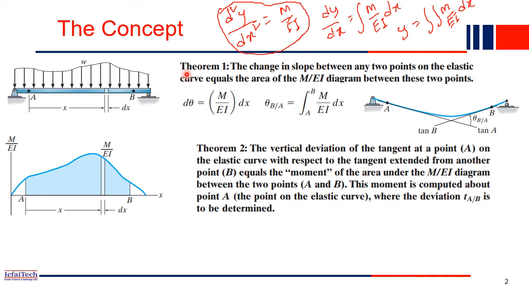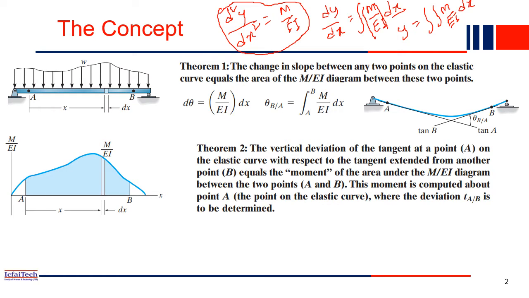From this equation we can compute the slope. dy by dx is nothing but theta, that is the slope. So we can write it as the integral of M by EI into dx. What is M by EI? It is the moment divided by EI, which is a constant, into dx.